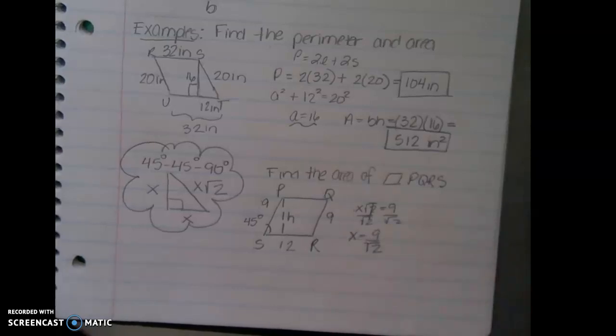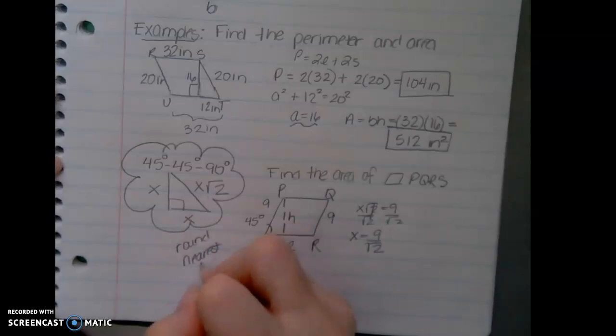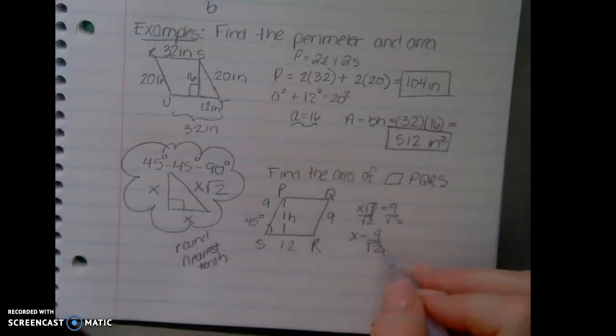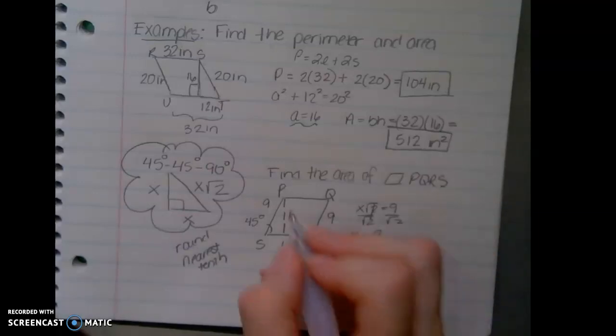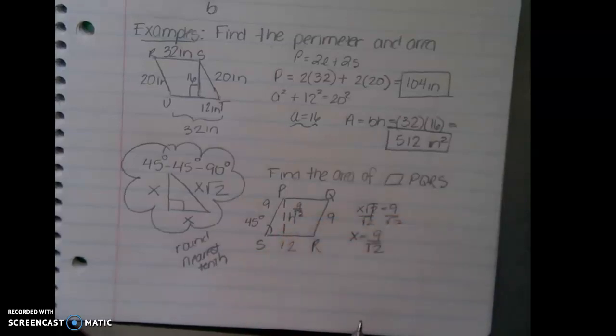Since I'm going to allow you to use a calculator for this, we're going to round to the nearest tenth. Okay, you can leave it like this. So now we know that the height is 9 over radical 2.